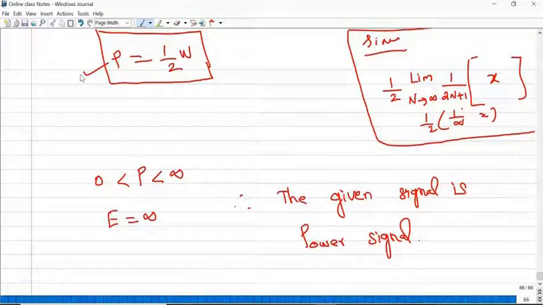So almost the maximum number of problems I have solved. Possibly in the next class, I'll solve some more problems in energy and power calculation, because in unit 1, the first half is up to these energy and power problems. The second half is system classifications.